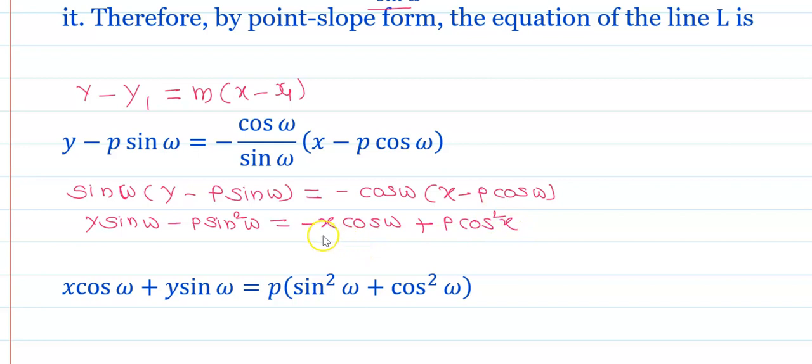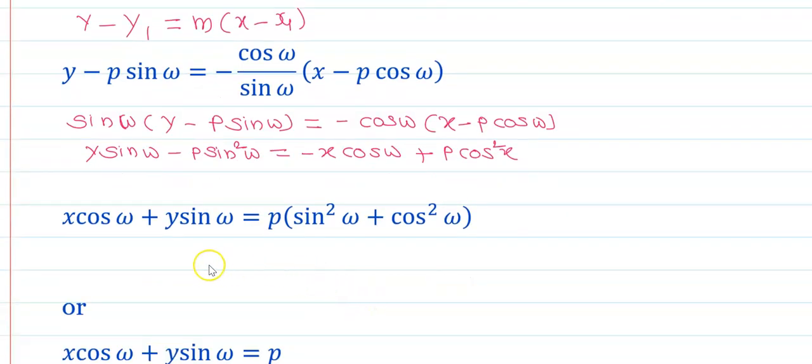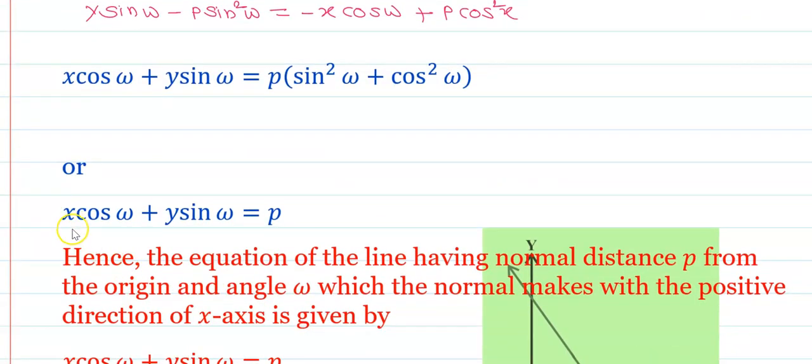Transferring the minus x cos omega here and the p terms, taking p as common, sine square omega plus cos square omega is 1, and therefore the equation of the line in normal form is x cos omega plus y sine omega equals p.